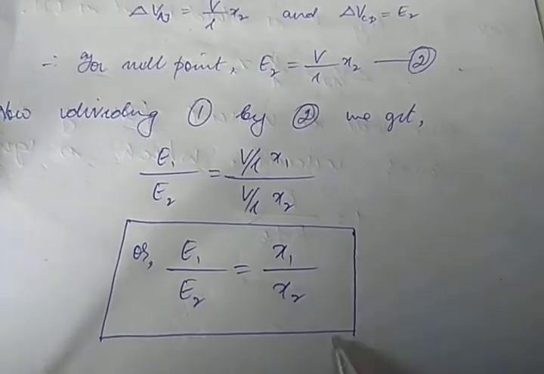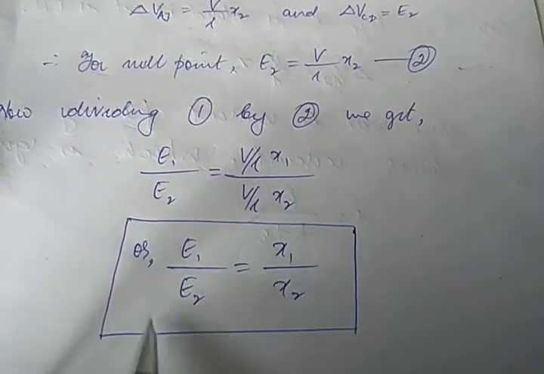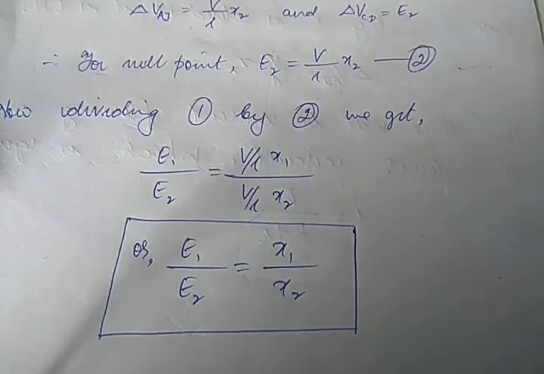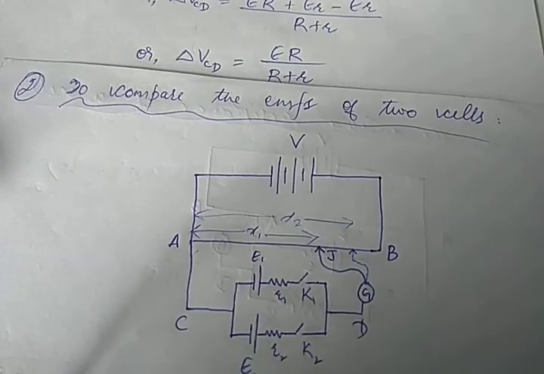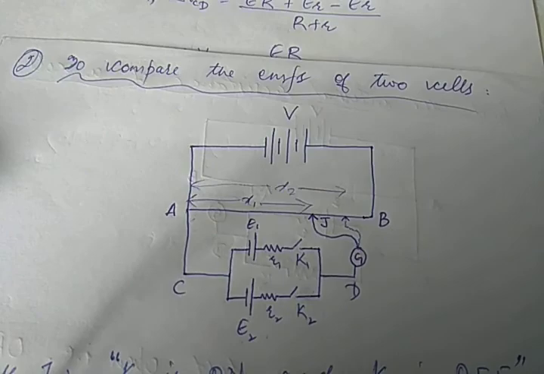The moment we measure x1 and x2, we can find the ratio of E1 and E2, that is, we can compare the EMFs of the two cells. So this is the second usage of your potentiometer.